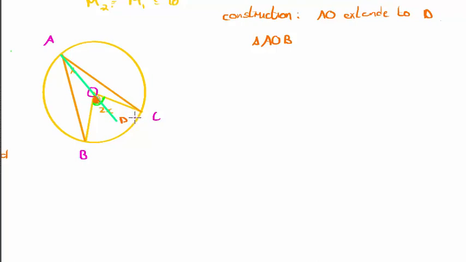You see that? Remember, an exterior angle is when I take one of the sides and I extend it. So, what can you tell me in triangle AOB? A1 plus B is equal to.